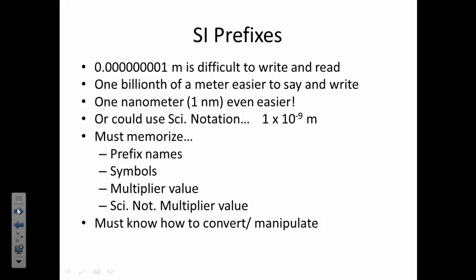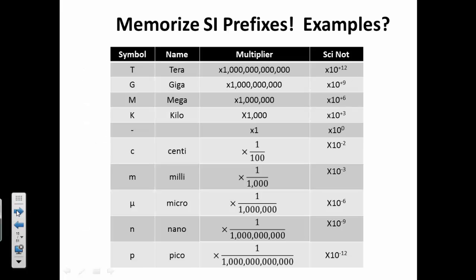And scientific notation, you can actually use these types of prefixes to define our SI prefixes. So you are required to memorize the prefix names, their symbols, the multiplier values, and the scientific notation multiplier value. All right, and you also need to know how to convert and manipulate these, convert to decimal and convert back and forth.